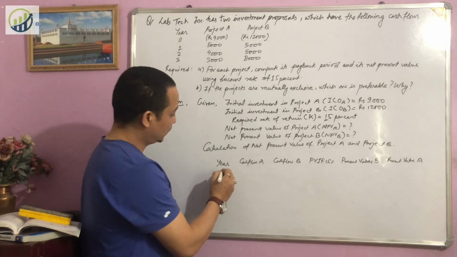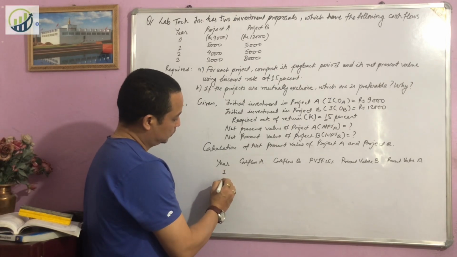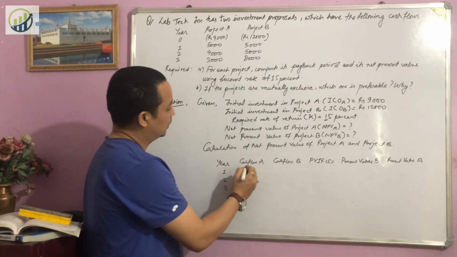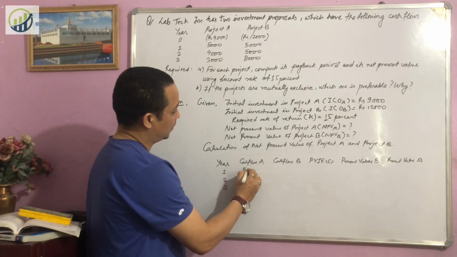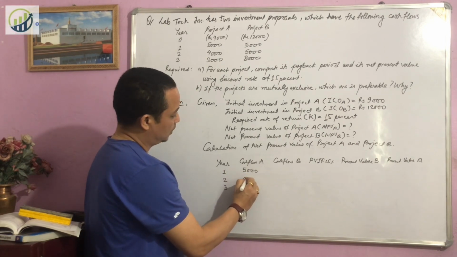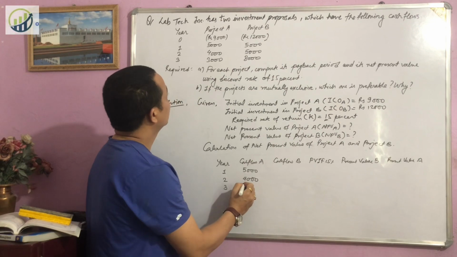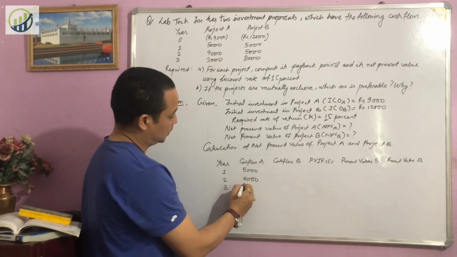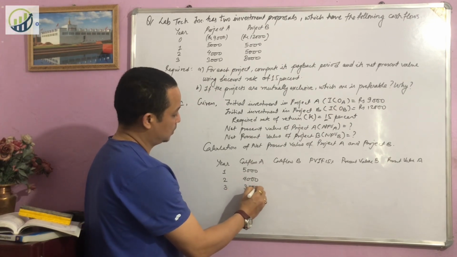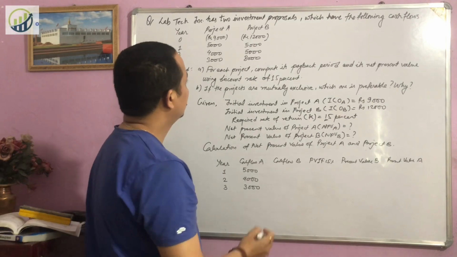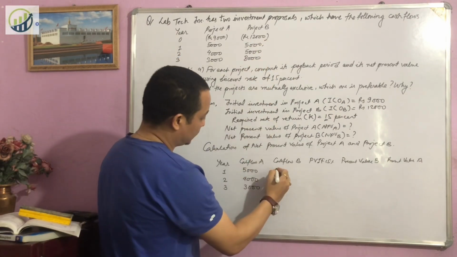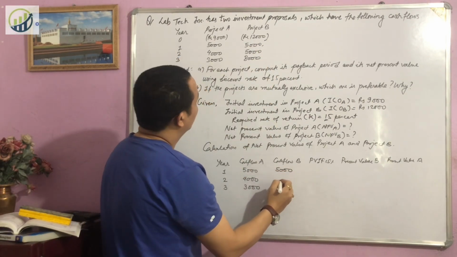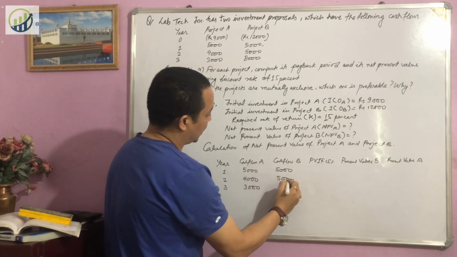Year 1, 2, 3, cash flow of A: 5,000, 4,000, 3,000. Now the cash flow of B: 5,000, again 5,000 and 8,000.